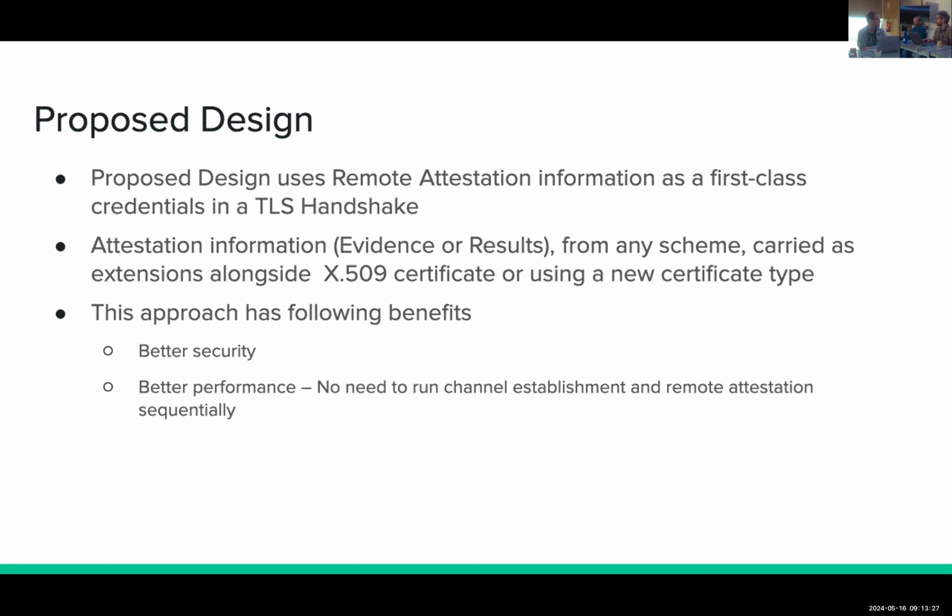And so the core change is to enable remote attestation conceptual messages, in particular evidence and attestation results, to become first-class credentials in the TLS handshake, similar to what X.509 certificates are, and also PSKs with their identities. And to do that in a way that accommodates the variety of different formats that we see deployed in the wild, especially in terms of the evidence formats, right?